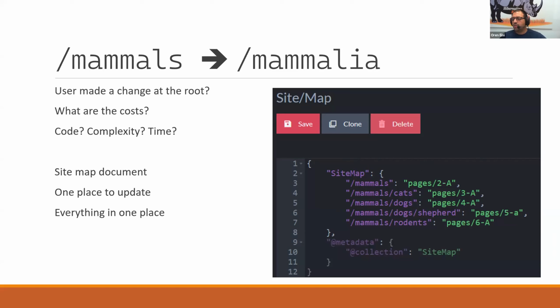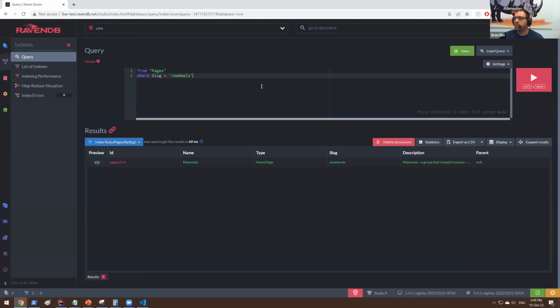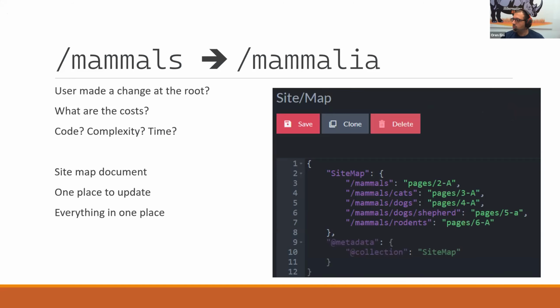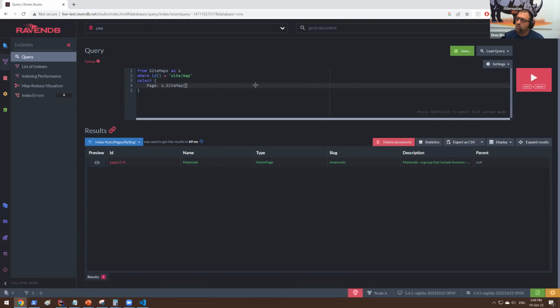So now, if I wanted to get the right location, I would do something like this. Something like that. And now what I want is something like this.